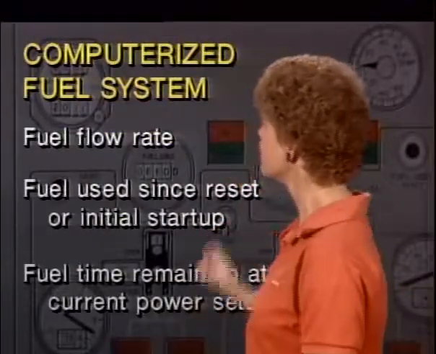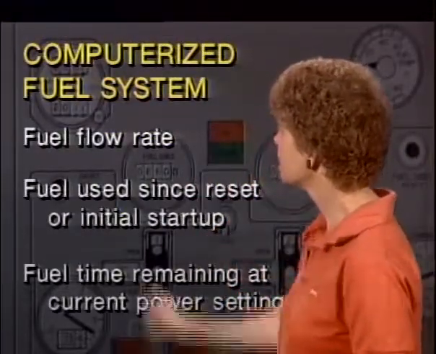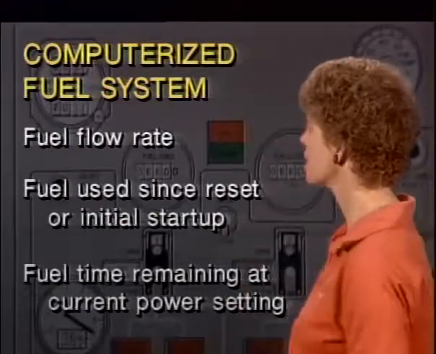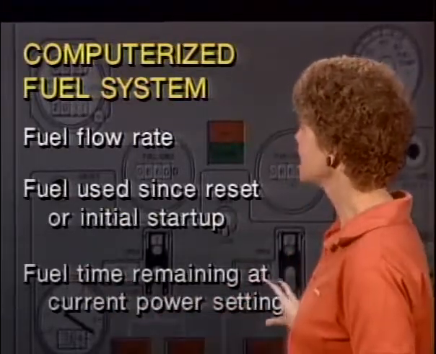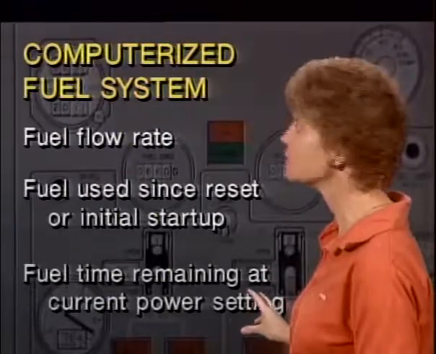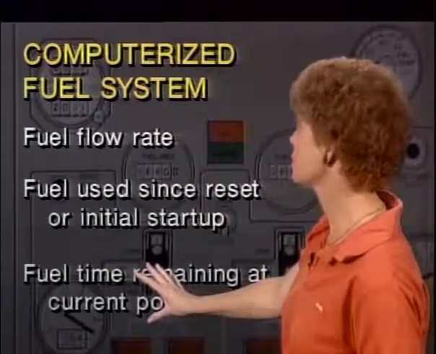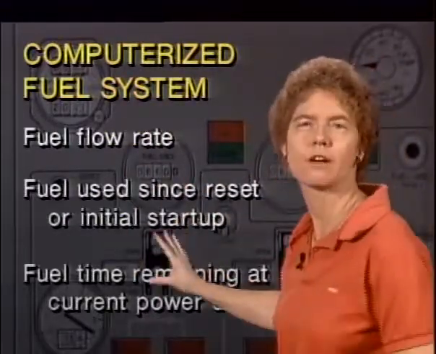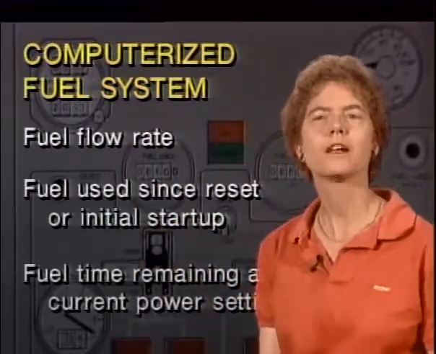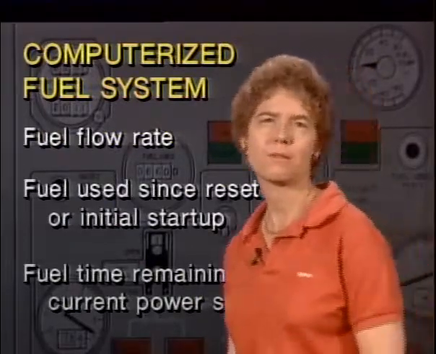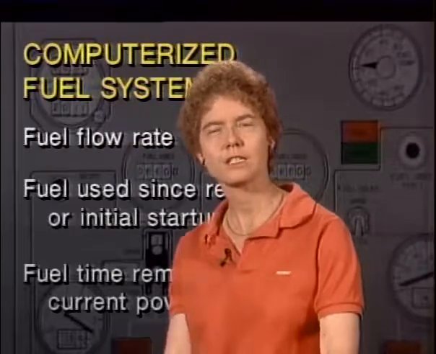It will give you fuel flow rate, fuel used since it was reset or since the initial startup, and the fuel time remaining at the current power setting. So these computerized fuel systems have a world of information about the fuel in the aircraft. Not just the quantity you've got, but how much you've used altogether and how much time is remaining at the current power setting.